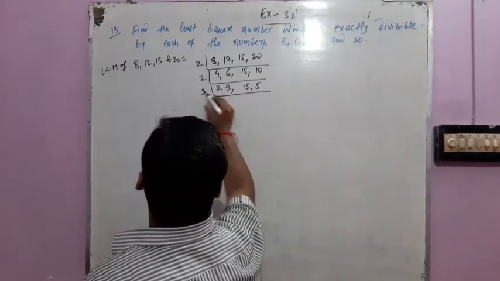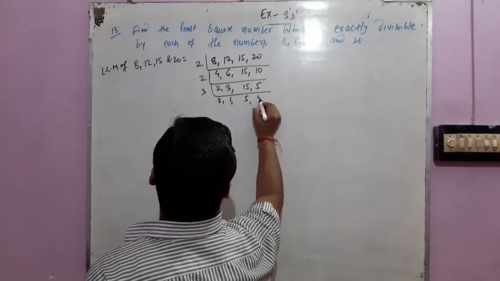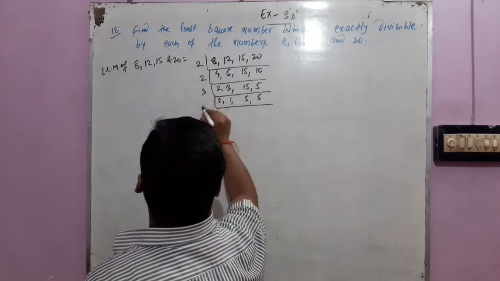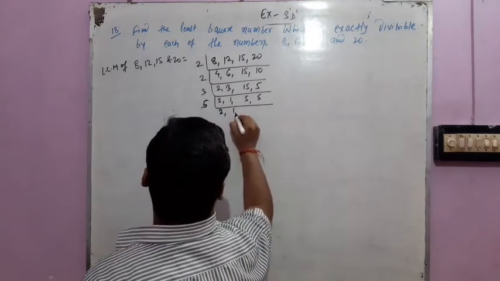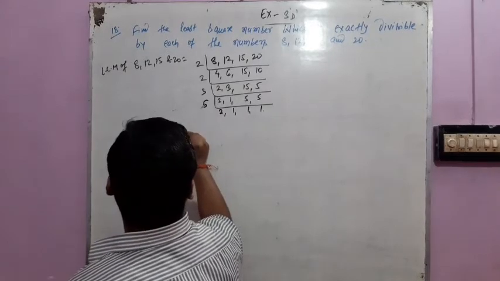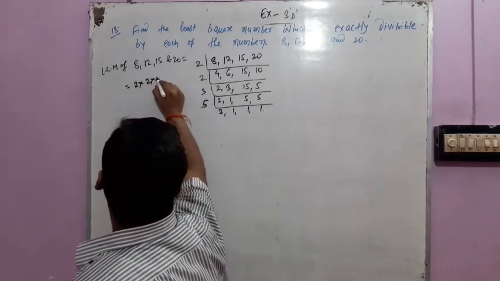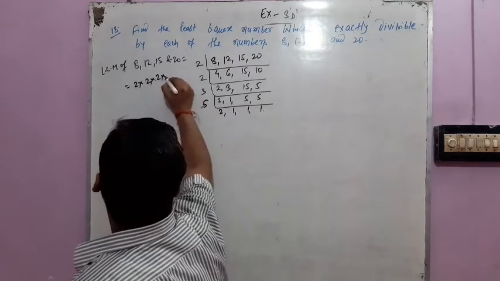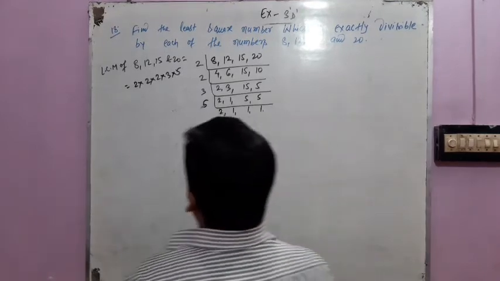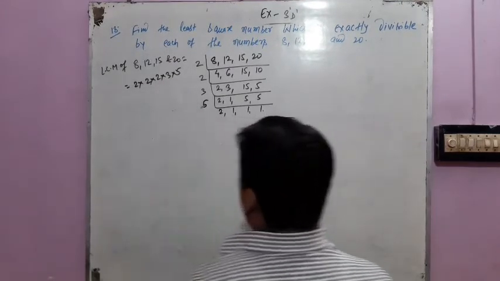Now with 3, 3 1s are 3, 3 5s are 15, 5. Now with 5, 5 1s are 5. Therefore, the LCM is equal to 2 into 2 into 2 into 3 into 5, means 2 2s are 4, 4 2s are 8, 8 3s are 24, 24 5s are 120.